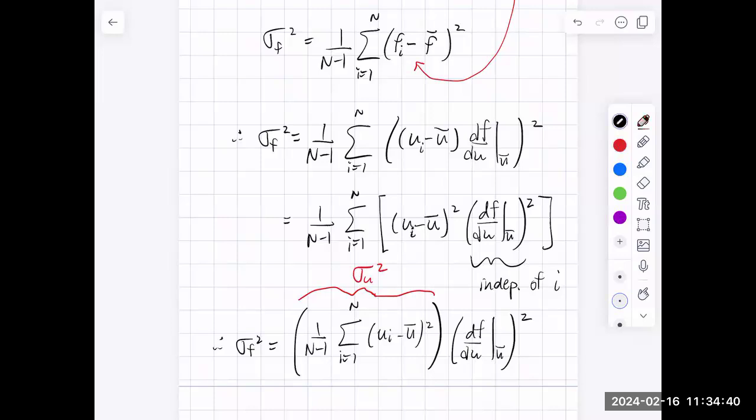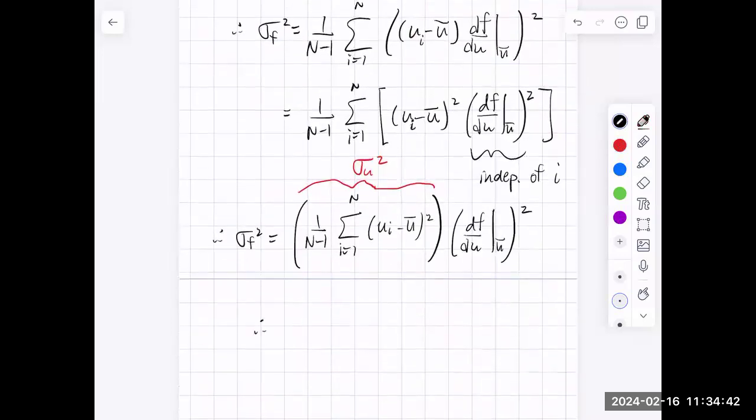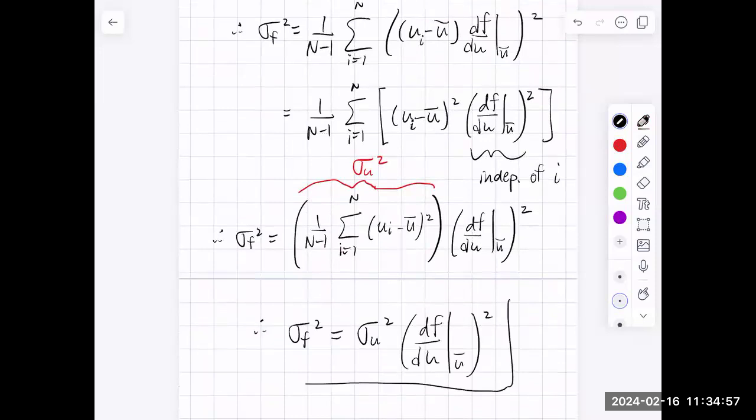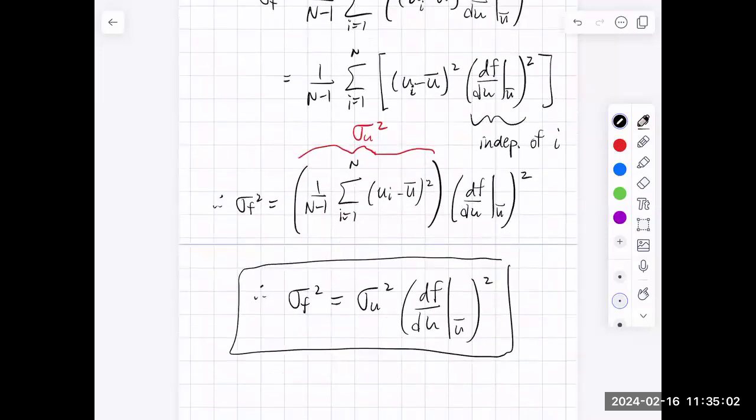So therefore, sigma f squared is equal to sigma u squared times the derivative of f evaluated at u bar squared. And so this is our propagation of errors for a function of one variable.